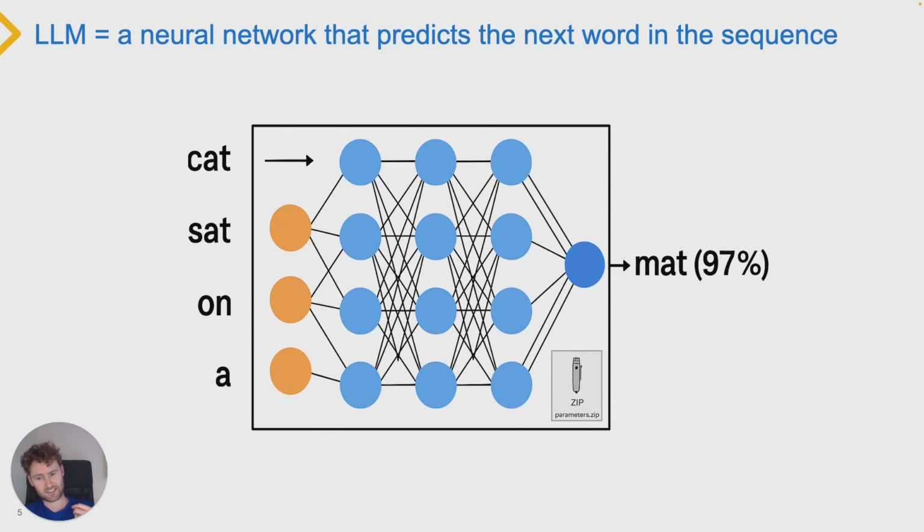In this case, with "cat sat on the", the next word is "mat". The way the neural network works is it takes your inputs, in this case a number of tokens or words. It could be a simple short statement like this, or in today's LLMs, it could be an entire book or an entire code base.